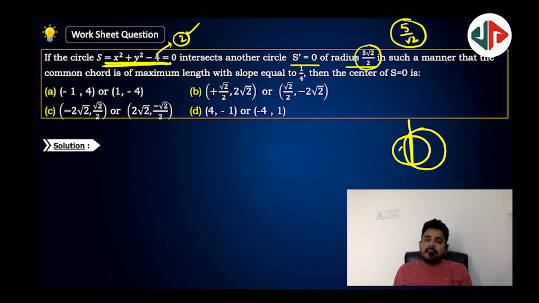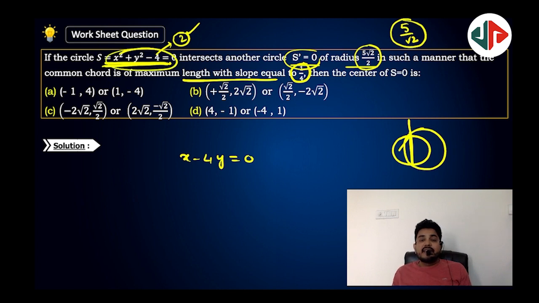So here, the circle intersects another circle of this radius in such a manner that the common chord is of maximum length with the slope 1 by 4. So that line is x minus 4y is equal to 0, because this has to pass through this.